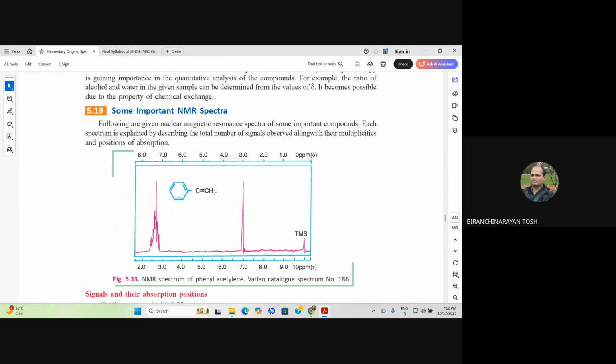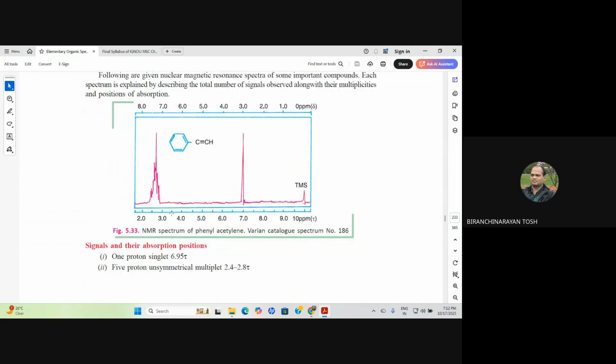This is one acetylenic proton, and these five are of the same type. So we'll get a one proton singlet, and these five protons will get a multiplet. So 5 proton unsymmetrical multiplet, which is from 2.4 to 2.8, and 1 proton at 6.95 tau value.